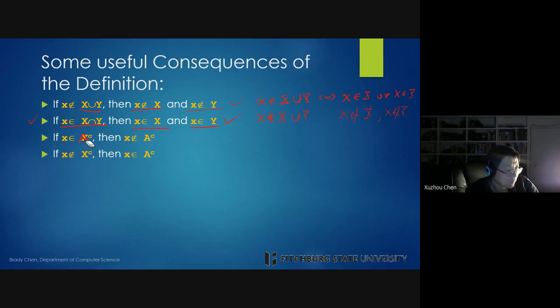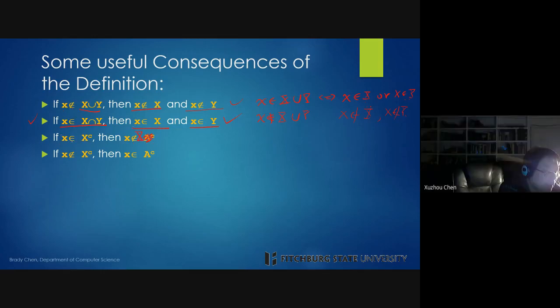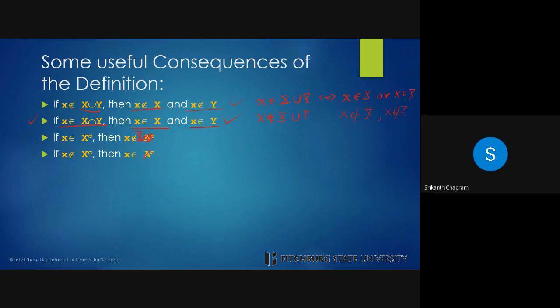If x is an element of A, then x is not an element of A complement. Right. If x is an element of the complement of A, then x is not an element of A, right? Yes.